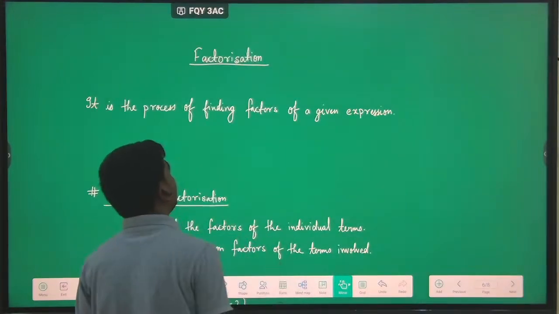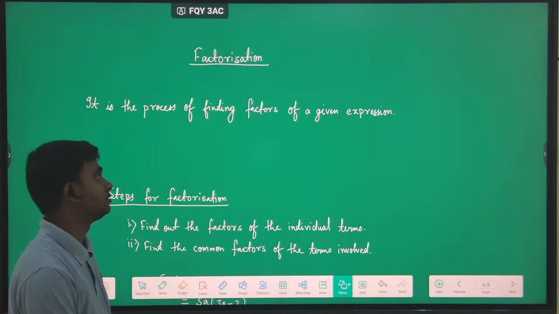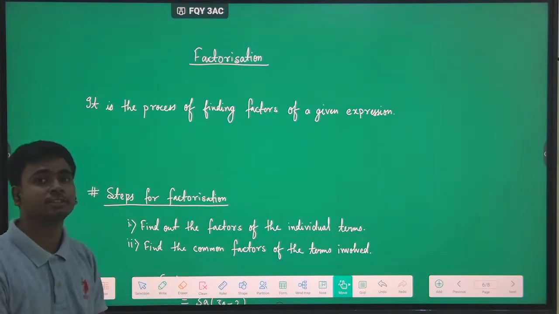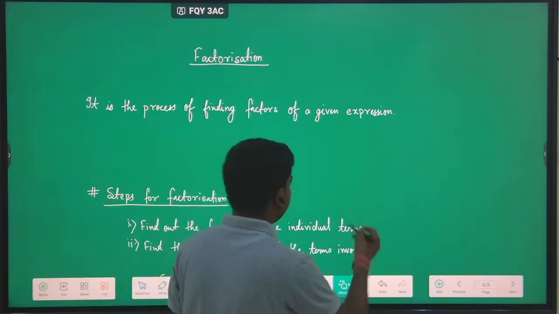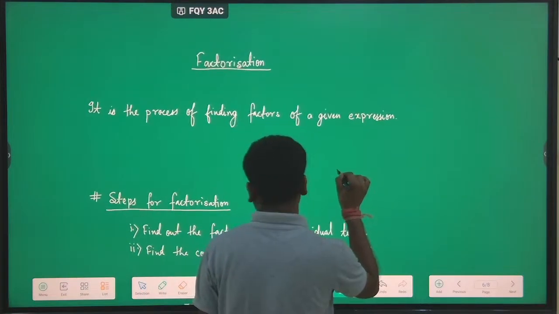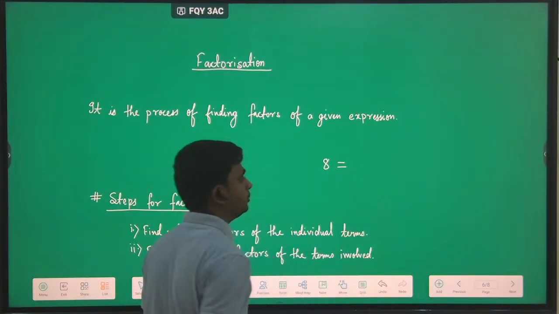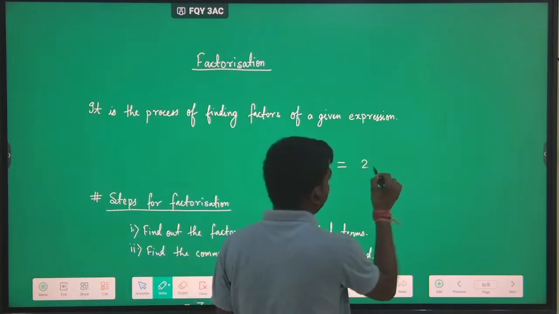Now we will move towards factorization. What is factorization? Factorization is the process of making factors. Let us suppose that we have 8 as a number. It can be expressed in the form of 2 into 4.